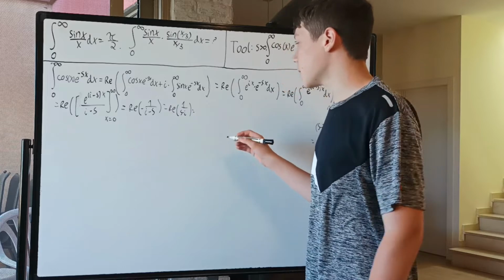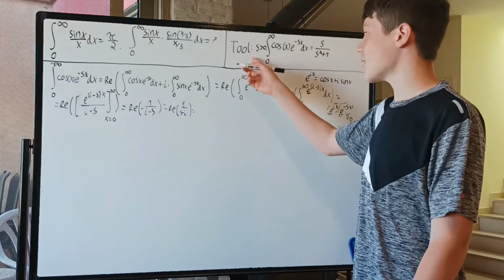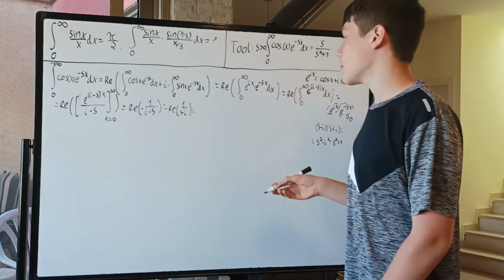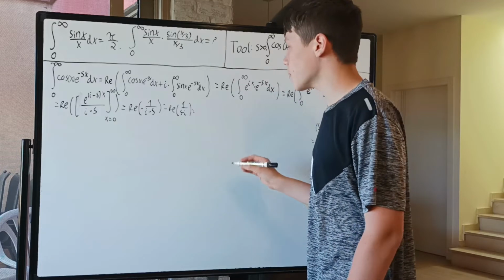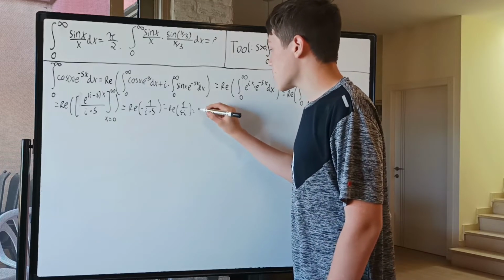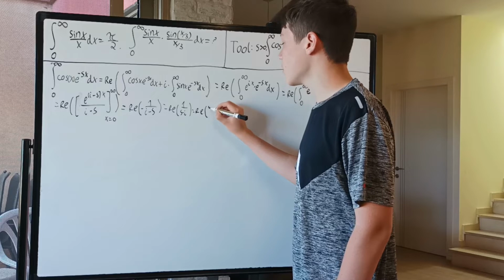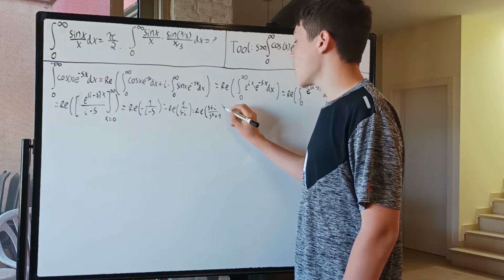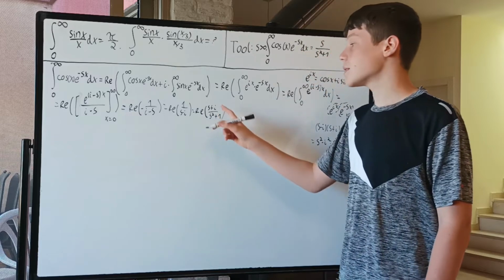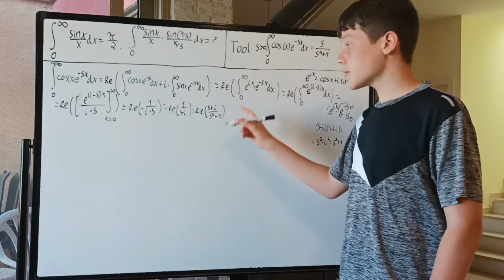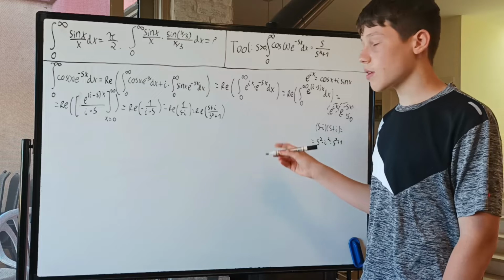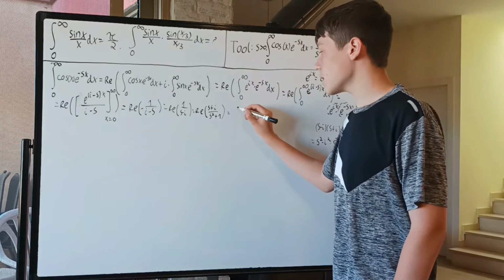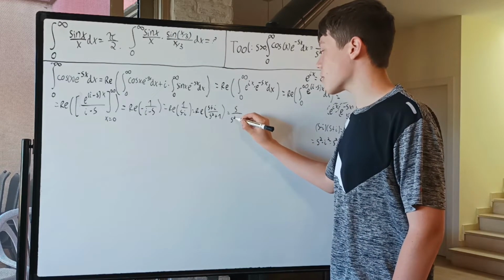Because I also forgot to mention that s needs to be a real number. I mean, if it's positive, it has to be a real number. So this is going to be the real part of (s plus i) divided by (s squared plus 1). Now this is a complex number. It's s over s squared plus 1 plus I times 1 over s squared plus 1, meaning that the real part of it is just s over s squared plus 1.